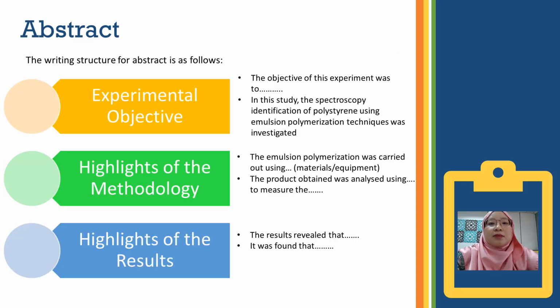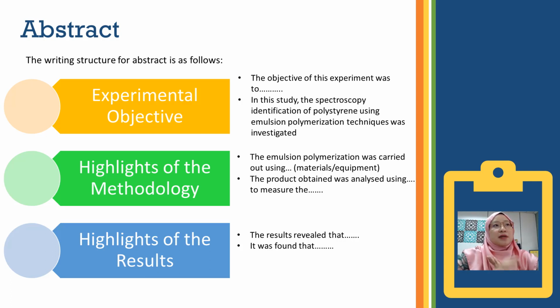Briefly, I will explain an example of what you can write in the abstract. Usually the writing structure of an abstract consists of 3 parts. The first is the experimental objective, the second is the methodology, and lastly the result.